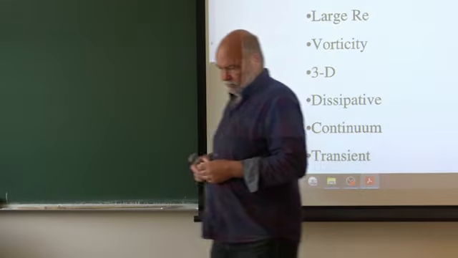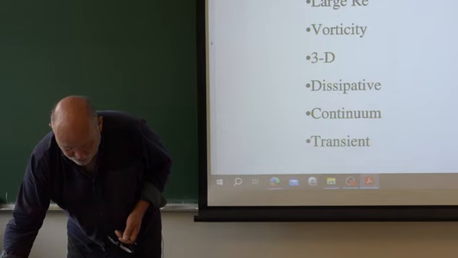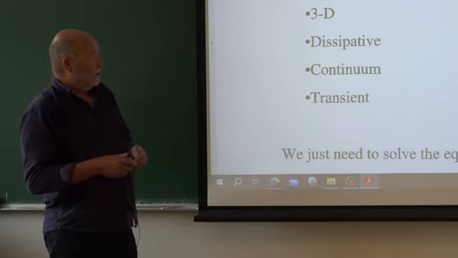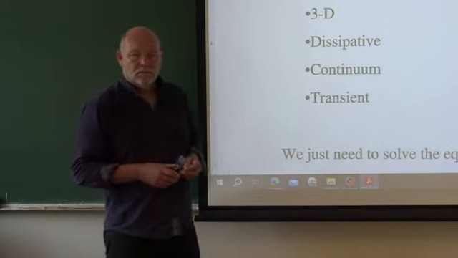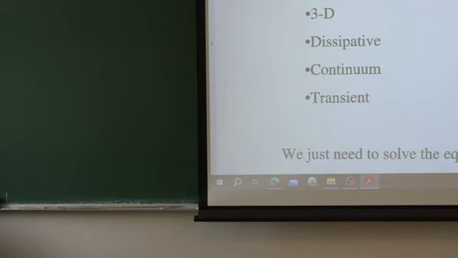Always transient. So this is turbulent by nature. And we believe that the Navier-Stokes equations can describe it. We can't prove it, but nobody has disproved it either, so we trust that Navier-Stokes covers turbulence.